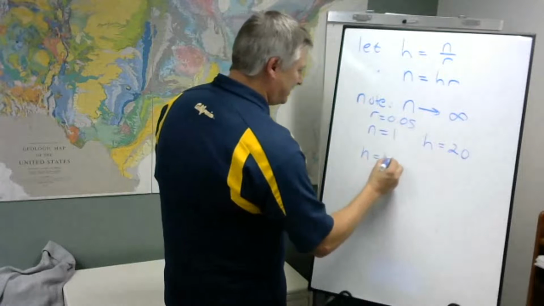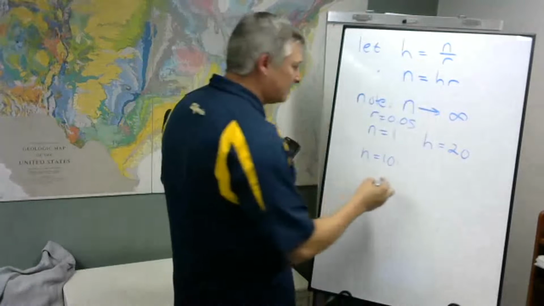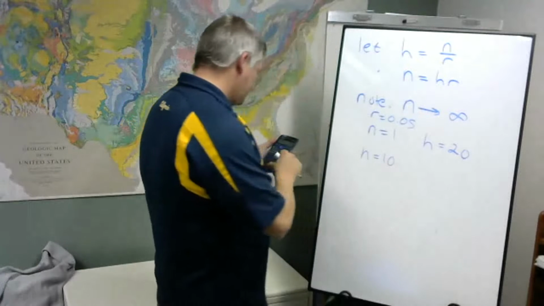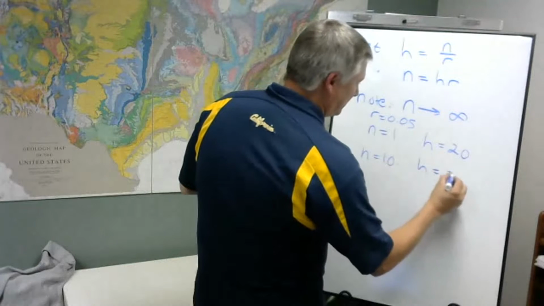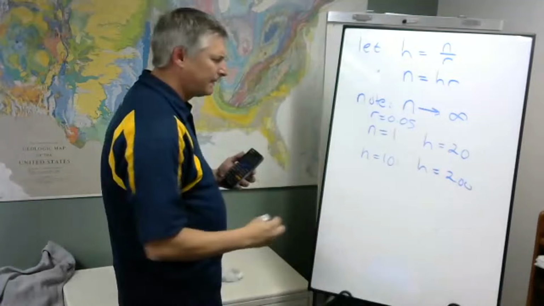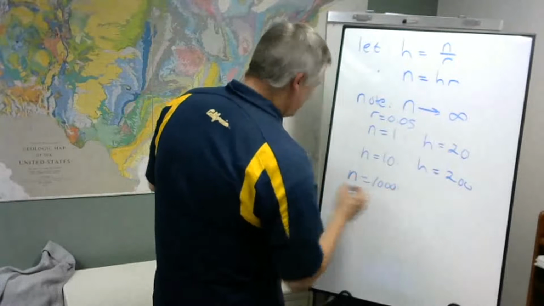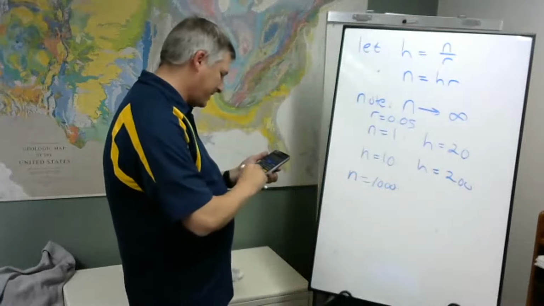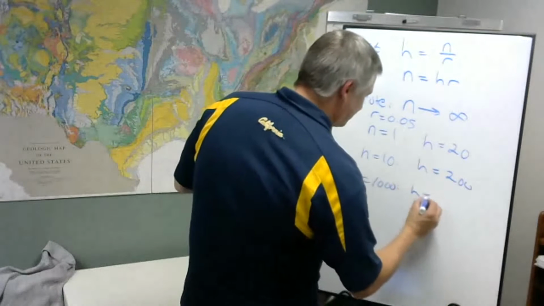If n is equal to 10, remember, n's going to infinity. It's getting bigger and bigger. Well, h is 10 divided by 0.05. H is also getting bigger. It's 200. Let n be 1,000. You see where this is going. Well, 1,000 divided by 0.05 is 20,000.